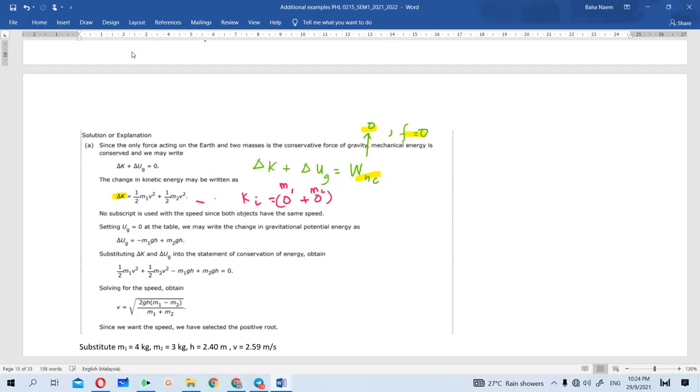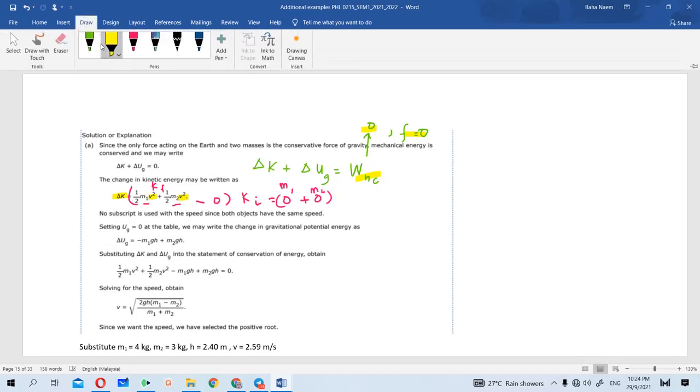So this is actually minus 0. This here represents the situation for the final, where this one belongs to mass 1 and this to mass 2. So for the two objects simultaneously, we look at their kinetic energy.